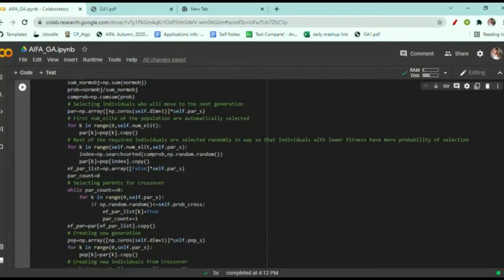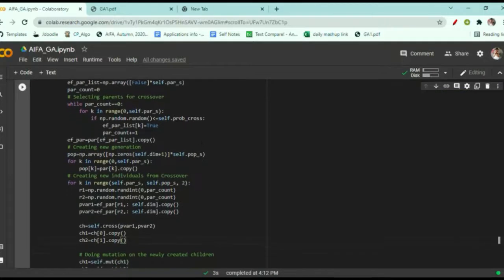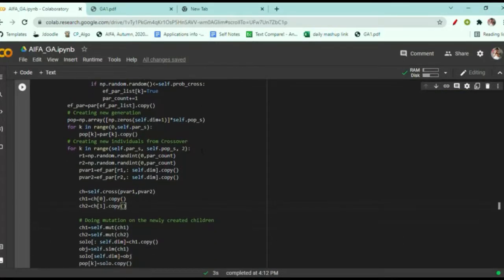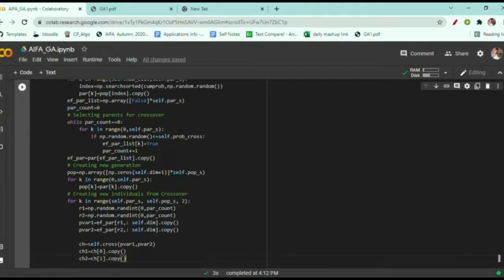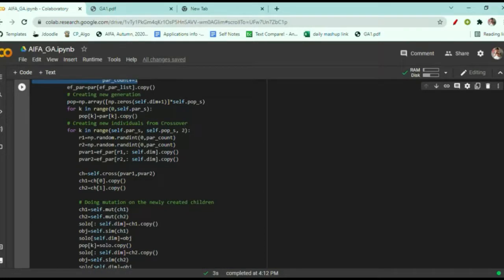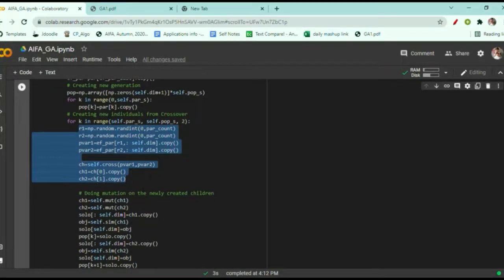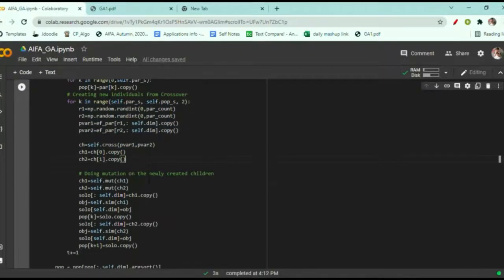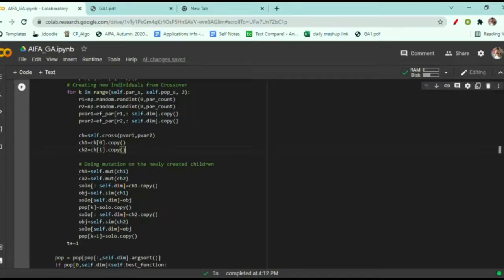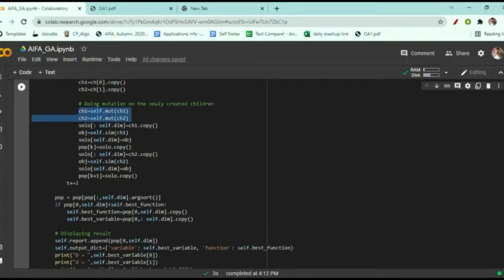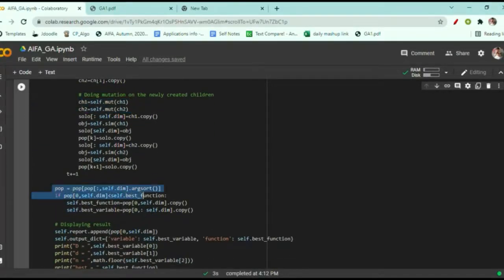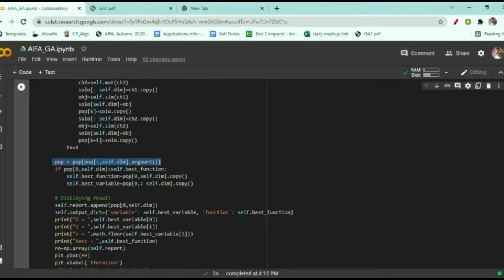After selecting the people who will move over from the ith generation, we are further selecting a few individuals from them who will act as parents and mate to form offspring. So here we are calculating the required number of offspring by mating the parents, and after the formation we are giving them a chance to mutate, and we are appending them to the population array of the i+1th generation.